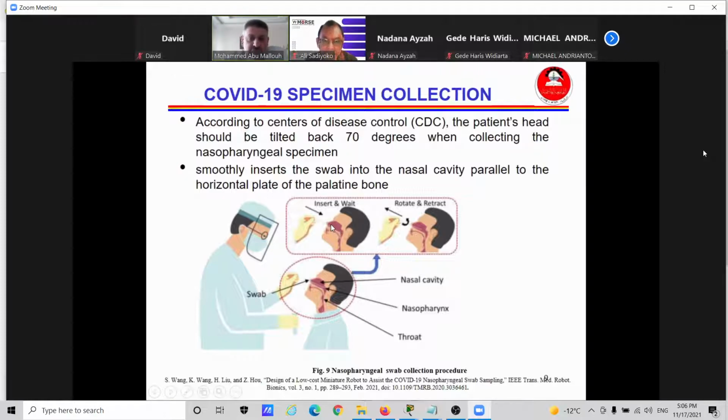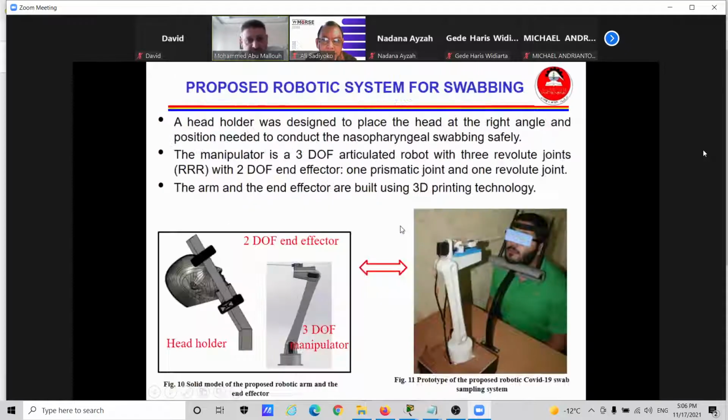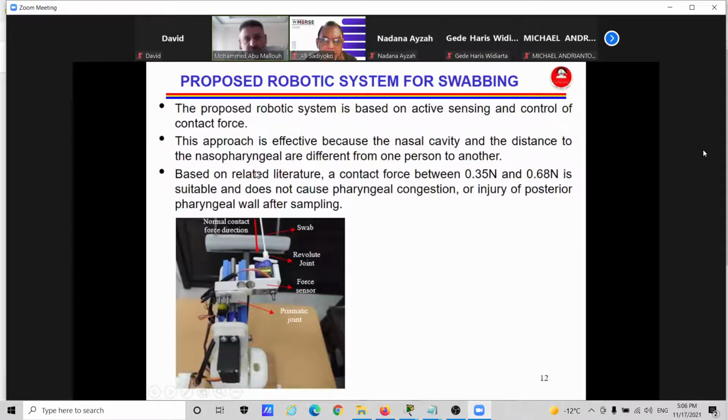So we need force control while the swab is inside the nasal cavity. That's why we decide to have active sensing and force control. Based on literature, they reported that a range of force between 0.35 Newton and 0.68 Newton was suitable, and it will not cause congestion or injury to that sensitive area.